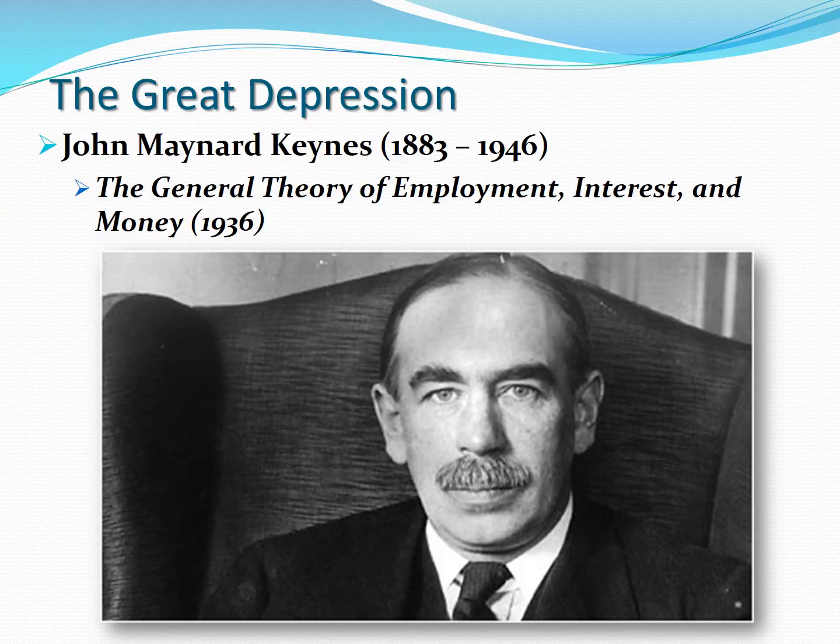They knew Keynes and knew how brilliant he was, and the General Theory of Employment, Interest, and Money was released in 1936. It was an immediate success and had an immediate impact on the policies during the Great Depression and how to get out of the Great Depression.